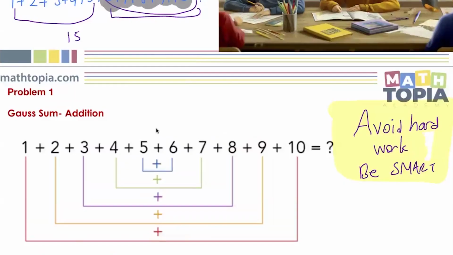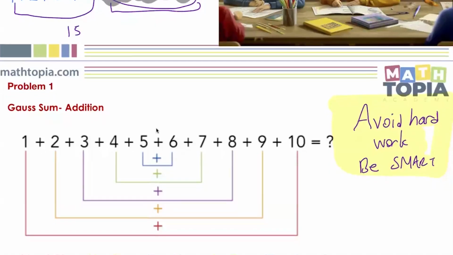Like you can try to figure out smart and easy ways and avoid the hard work instead of doing hard ways. Correct. This is also called bashing or brute force. Brute force means you add all the 10 numbers by hand or by calculator.